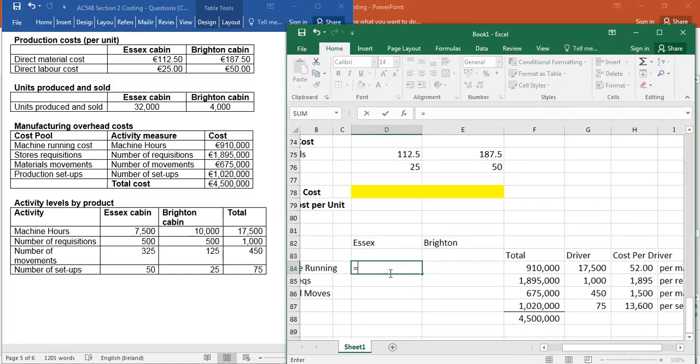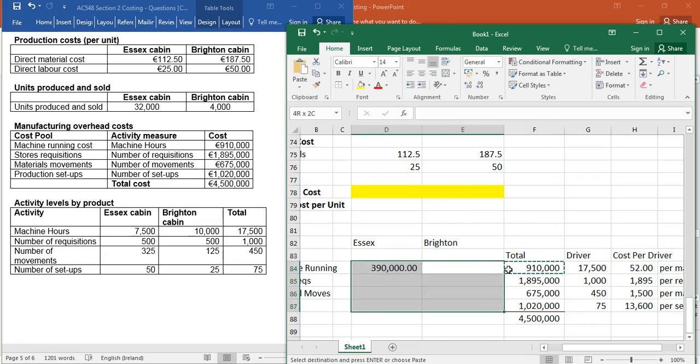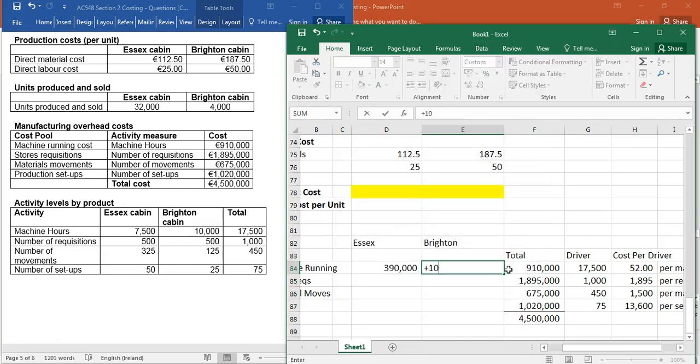For machine running, they have 7,500 machine hours times €52 per machine hour. So they're going to get 390 grand. So we're just allocating out that 910,000. Likewise here, it's 10,000 machine hours for Brighton times 52. So the key thing is the total allocated across both of them will be your 910.